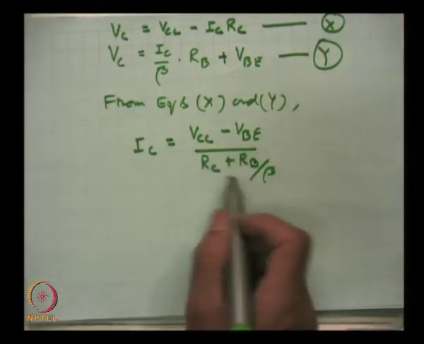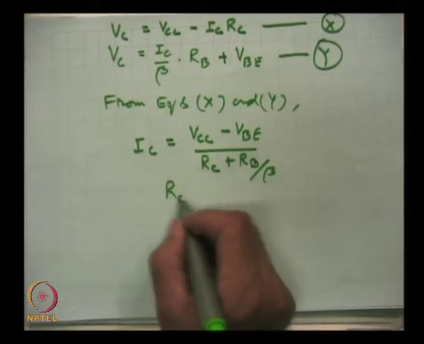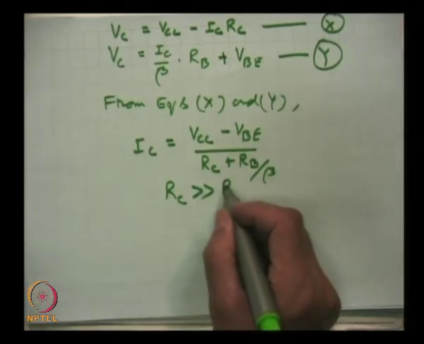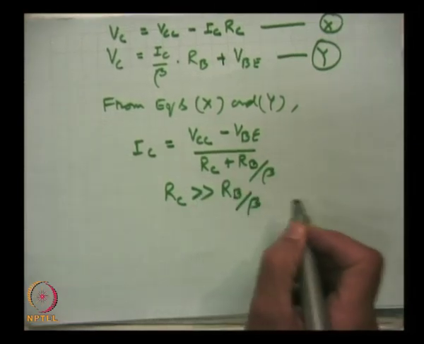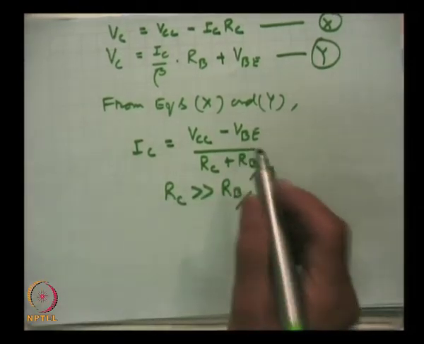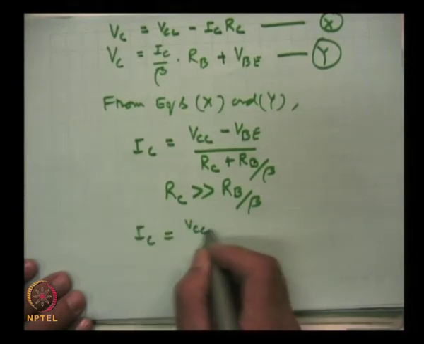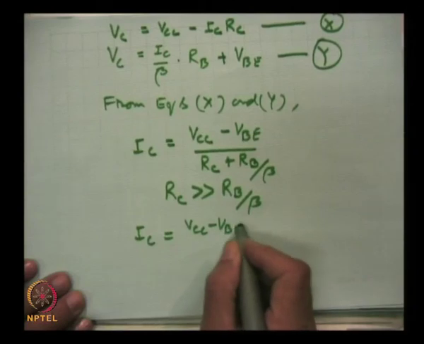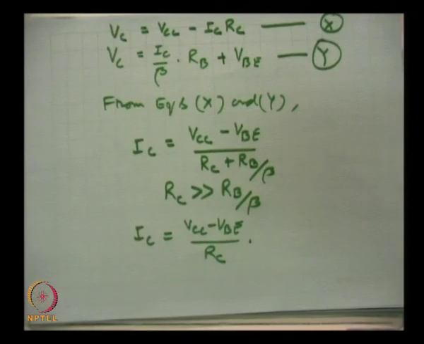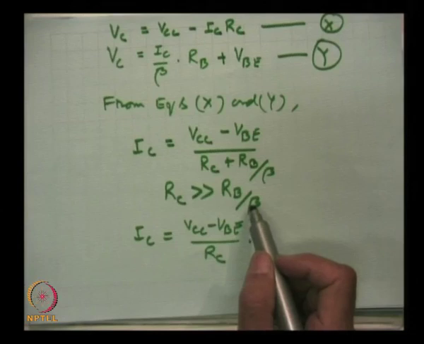So if we can take care of this condition, RC to be high compared to RB by beta, then this will show high stability. This term may be dropped, and IC will become equal to Vcc VE divided by RC, and beta is very high, beta is 100, 200 easily.